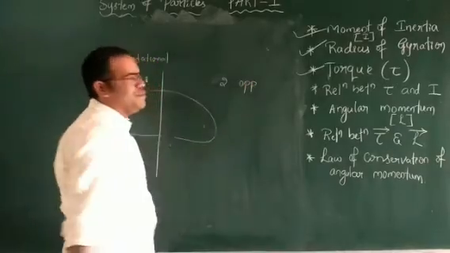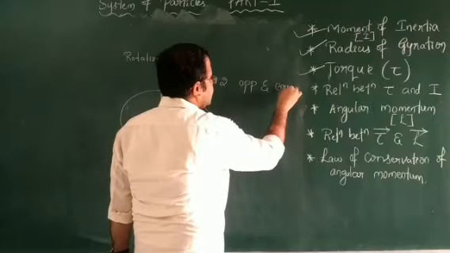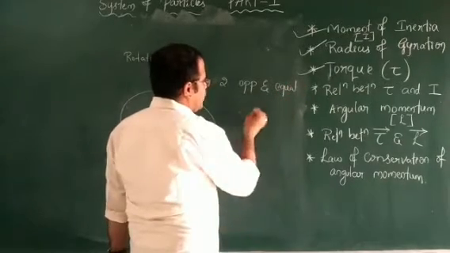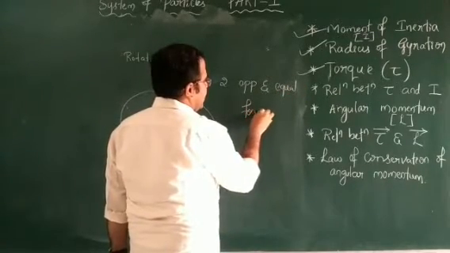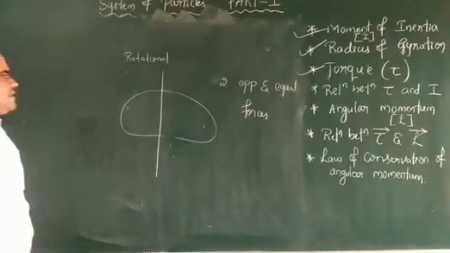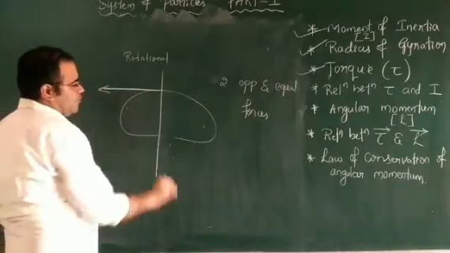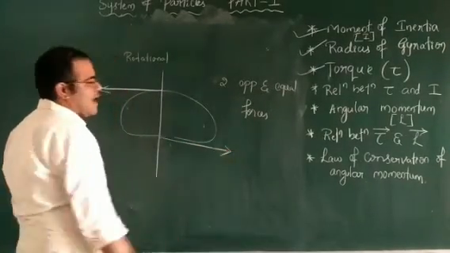So there should compulsorily be two opposite and equal forces. So the first condition, there should be two equal forces, and the second, the two forces should act along opposite directions. That is, one force acts in this direction and another force acts in the opposite direction.